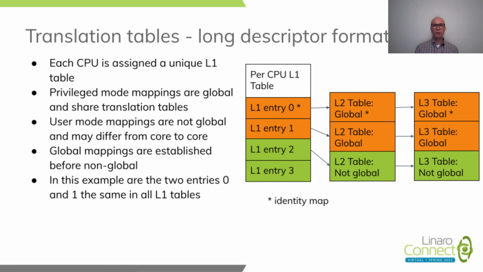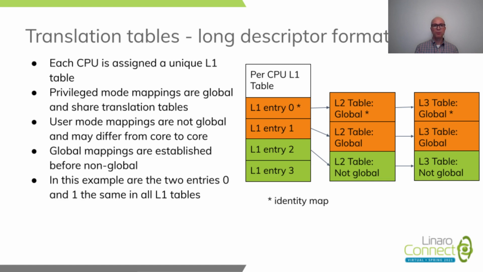1 or 2 of the level 1 entries point to finer-grained tables for the global mappings for the privileged mappings. With ASLR enabled, we often, depending on the seed, have 2 level 1 entries in use, with one taking care of the identity mapping and the other the rest of the privileged mappings.